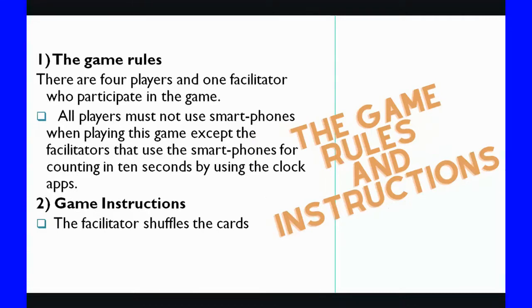There are 4 players and 1 facilitator who participate in this game, etc. You can make the rules. You can also make the instructions. For instance, before we play the game, the facilitator shuffles the cards and puts the cards in the middle of the board, etc. Because of the time, I cannot explain all the rules and instructions.